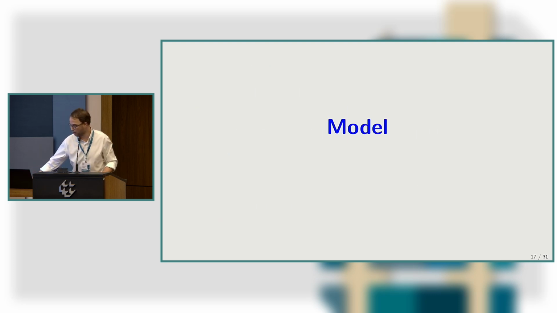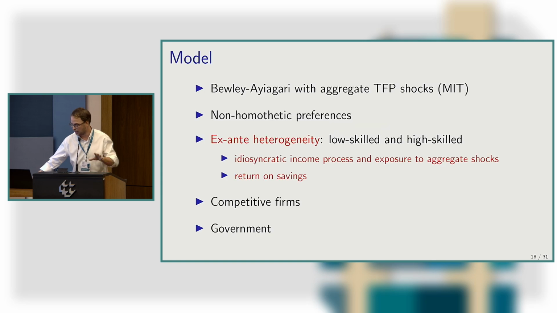So now going to the model, as I mentioned, I extend the standard model used in this literature, Bewley-Huggett-Aiyagari heterogeneous agent models, with an aggregate TFP shock. This is going to be the only shock in the model, and I introduce it as an MIT shock, and I extend this model to allow for non-homothetic preferences over luxuries and necessities. So there is going to be ex ante heterogeneity.